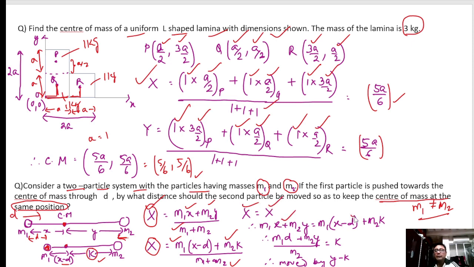So equating it, we calculate the value of k. Now this is the new position of the second mass. Its old position was y, so by how much has it been moved? It has been moved by y minus k.